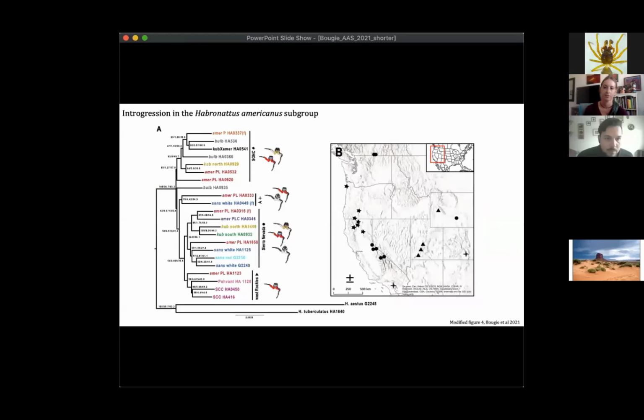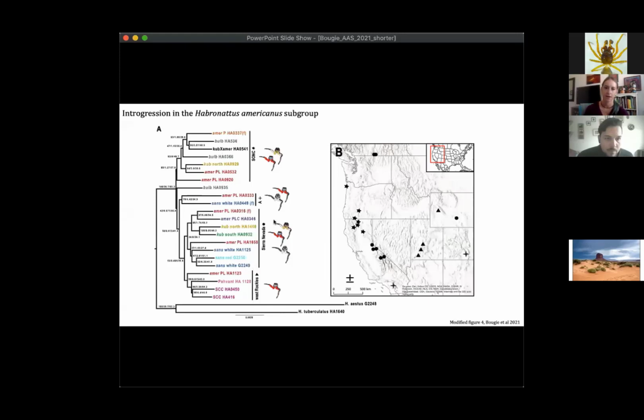In a previous study, we looked at how hybridization and introgression, combined with the divergence history, have affected the evolution of the group as a whole. Basically, we found that the genomes seem to be extremely homogenized. As an example, in this UCE phylogeny, the different colors represent the different morphs or species, and you can see that the colors are spread out through the entire phylogeny.